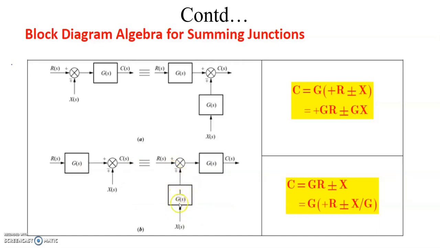Here I am putting 1 by G of S. So what is C of S now? C of S is G of S into R of S plus X of S, because multiplying these two means they will be cancelled. So you take G outside: R plus or minus X into X by G.